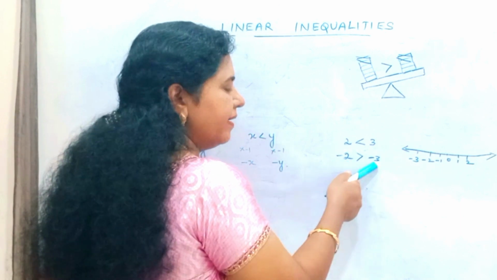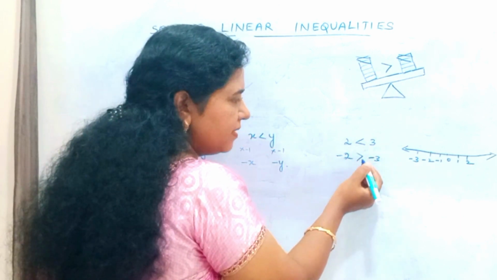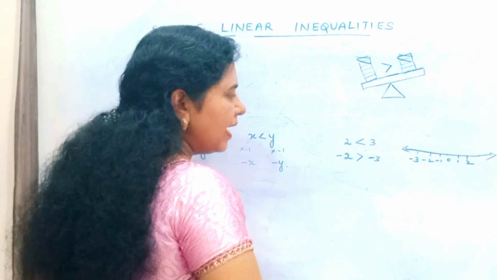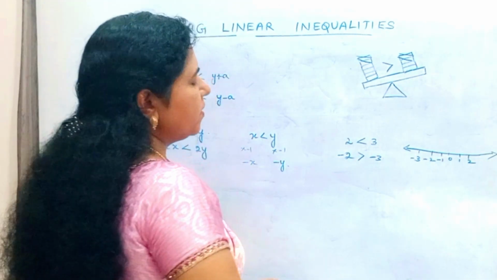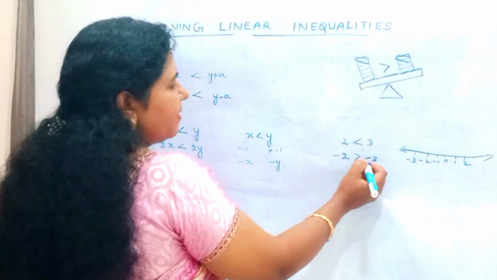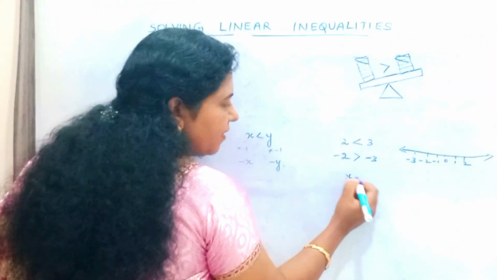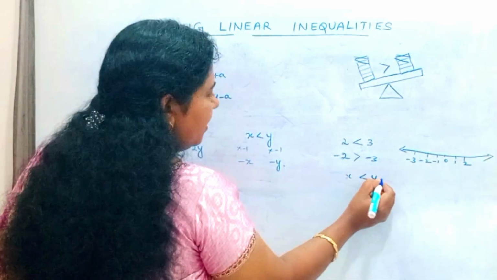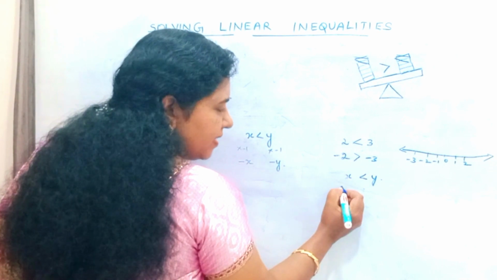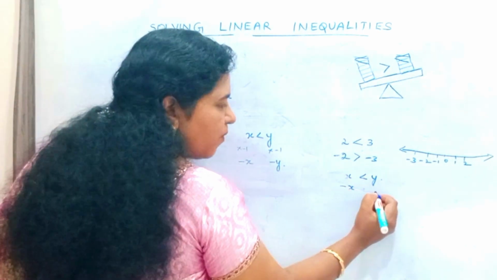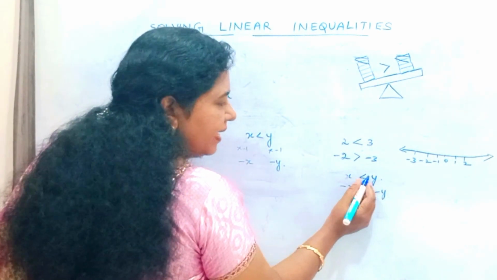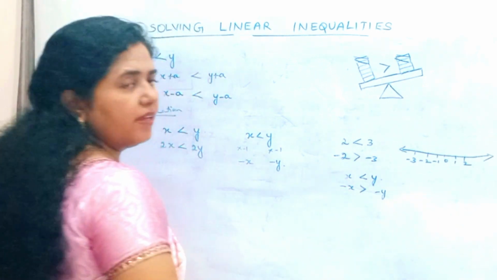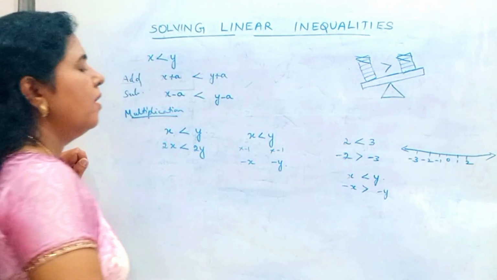So this will be greater than this, and the sign of inequality has changed. Minus 2 is greater than minus 3. That is, when we have x less than y, if I insert a minus sign on both the sides, automatically I have to change the sign of inequality.